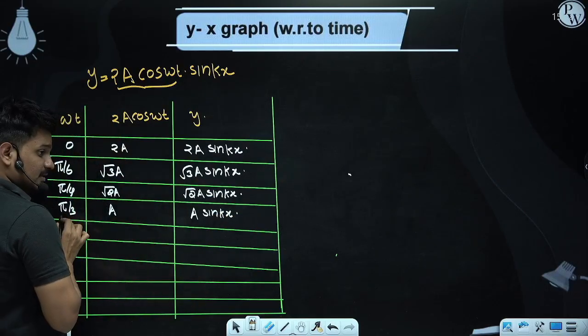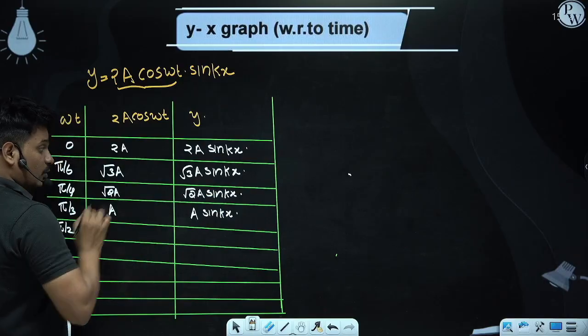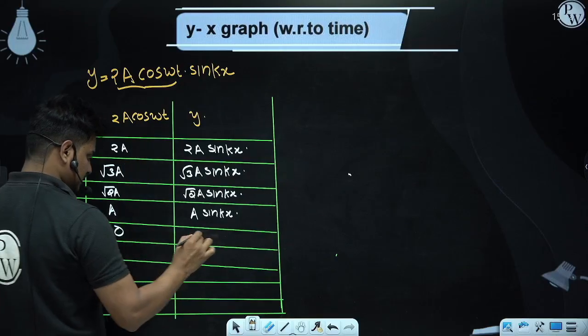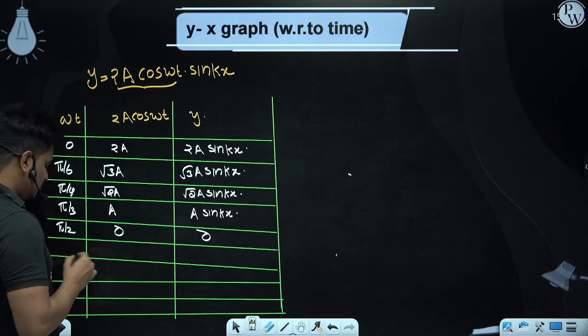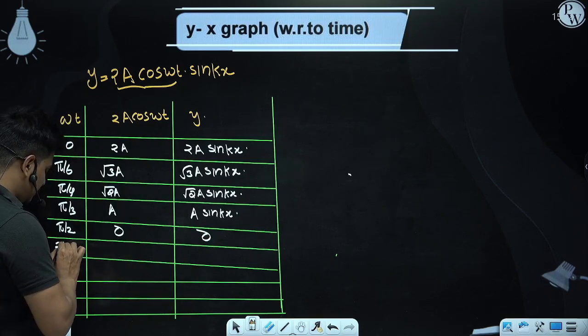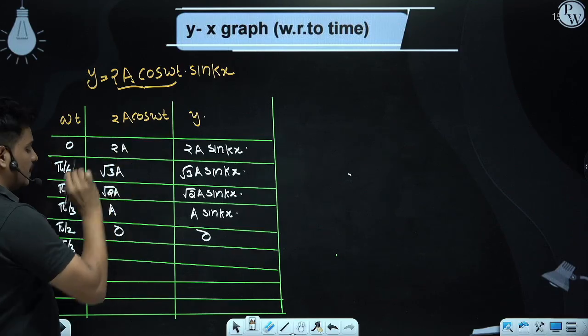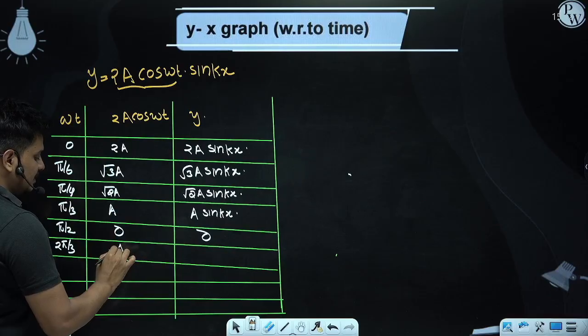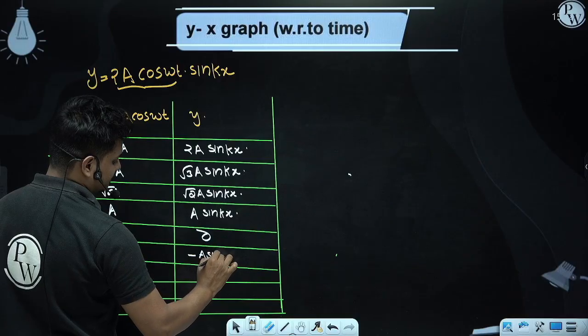The next angle is 60 degrees, pi by 3. 2a cos 60 is a, so the displacement is a sin kx. The next angle is pi by 2. Cos 90 is 0, so this is 0. The next one is 120 degrees, which is 2 pi by 3. 2a cos 2 pi by 3 gives minus a, so the expression becomes minus a sin kx.